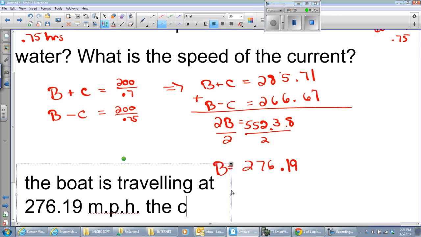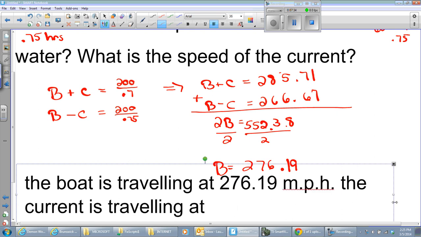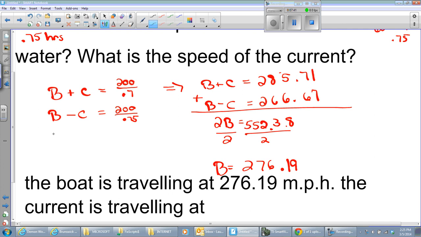Okay, the current is traveling at, okay, so let's see here. B plus C, so we have 276.19 plus C, and that equals 285.71.